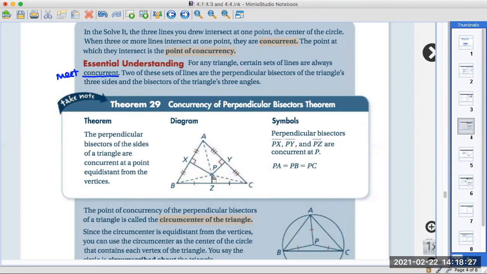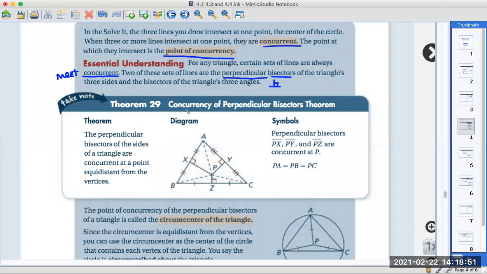You notice how they all meet in one point, and that point is called the point of concurrency. Not a big thing, but remember it. Okay, and then we need to remember the word perpendicular means at a right angle, and bisector means cut in half. So a perpendicular bisector is a bisector that's at a 90-degree angle.